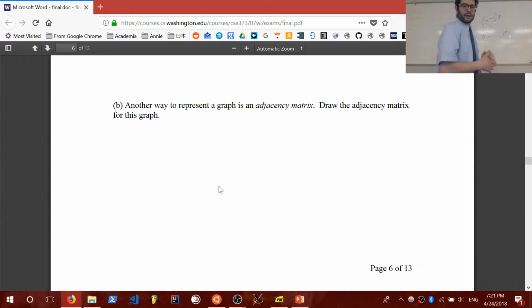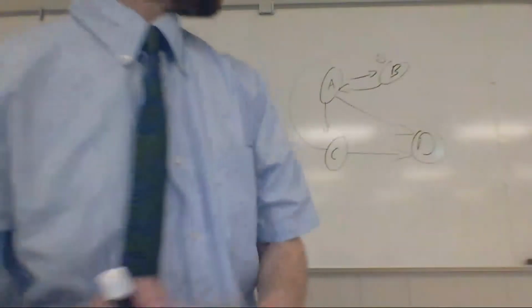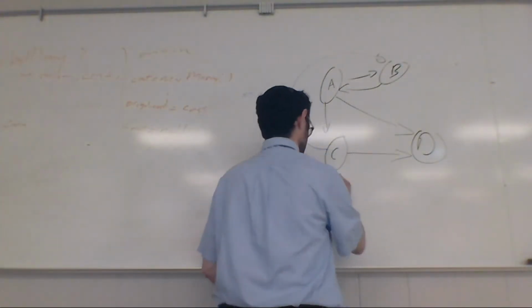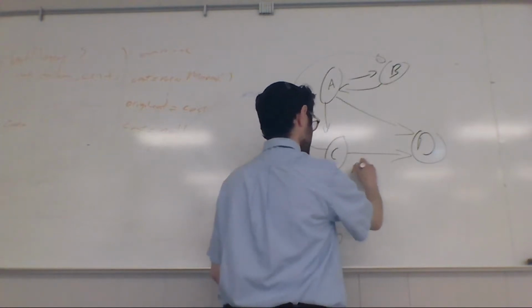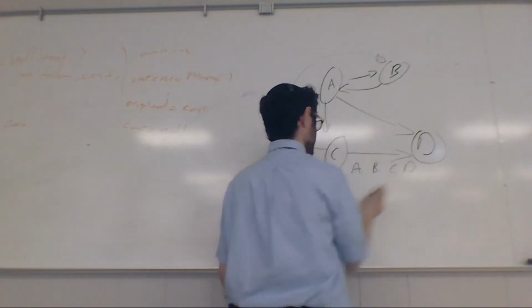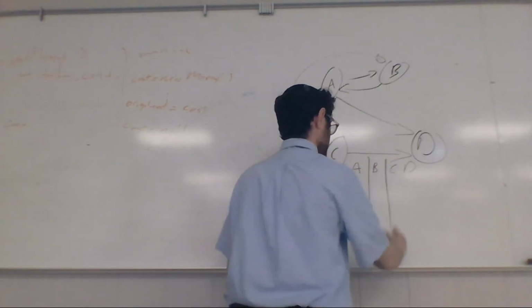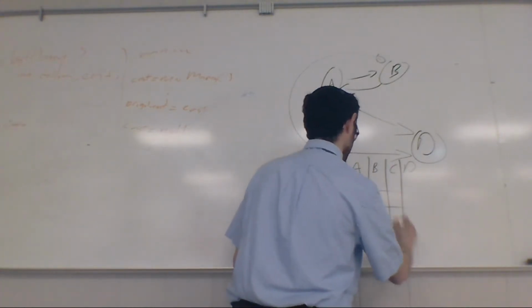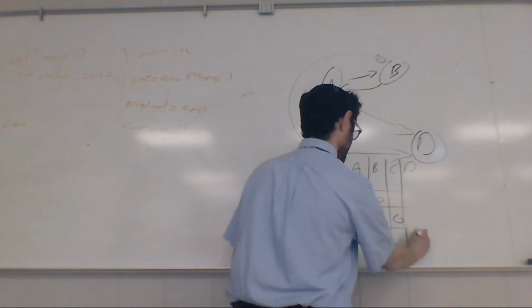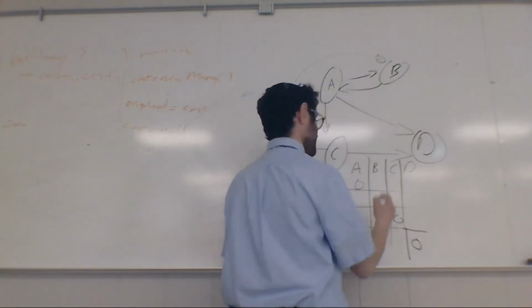So now another way to represent this is an adjacency matrix. So draw the adjacency matrix for this graph. So we have A, B, C, and D. A, B, C, and D. Source, destination. 1 if there's an edge, 0 if there's not. So zeros all the way down the diagonal because nothing was connected to itself.